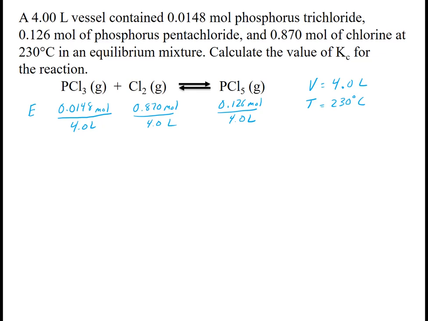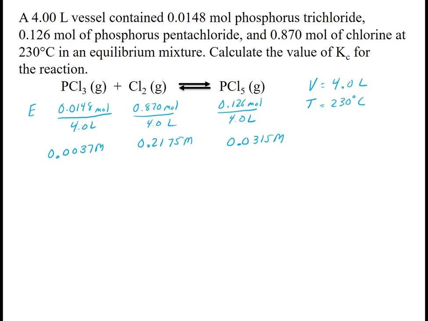Okay, and when I do this, this one becomes 0.0037. This one becomes 0.2175 molar. And this one becomes 0.0315 molar.